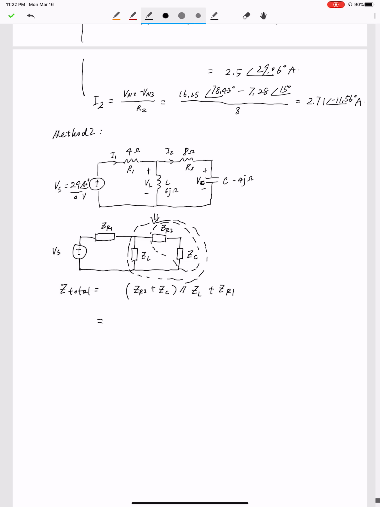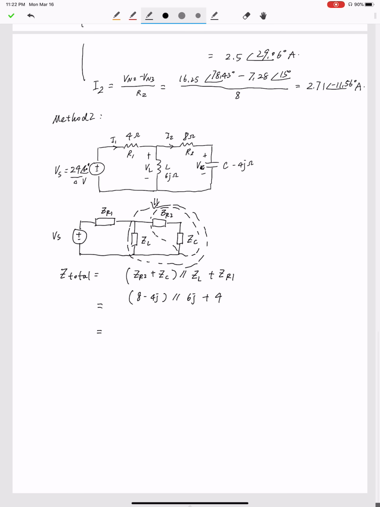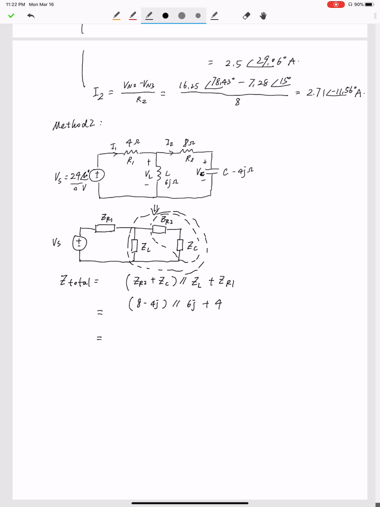Alright, so let's do that. ZR2 plus ZC is 8 minus 4J ohms. And this is in parallel with ZL, which is 6J ohms, plus 4 ohms. To calculate the overall impedance of 2 impedances in parallel, that is 8 minus 4J to the power of minus 1 plus 6J to the power of minus 1, together to the power of minus 1, plus 4, right?